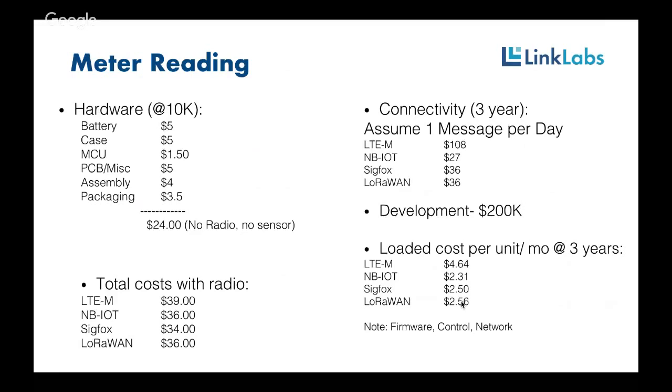Where more heavy IoT type solutions, GPS, sensors, smart air conditioners, et cetera, LTE-M is a better fit. The same caveats I had before around firmware downlink, controllability, network availability could still apply here.